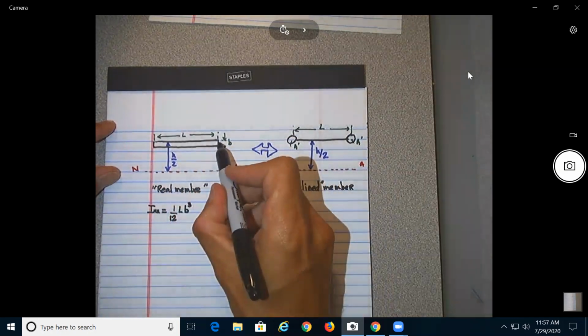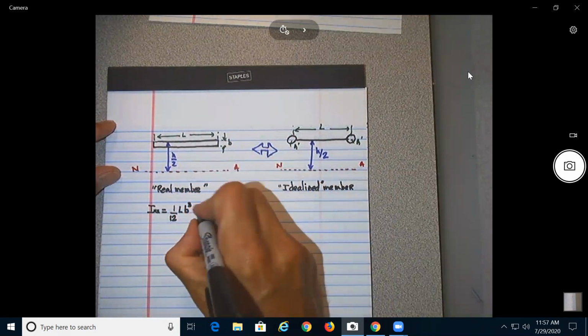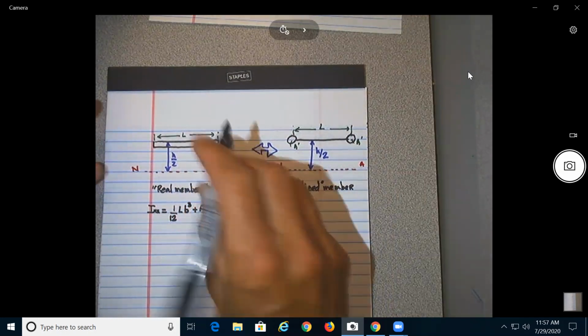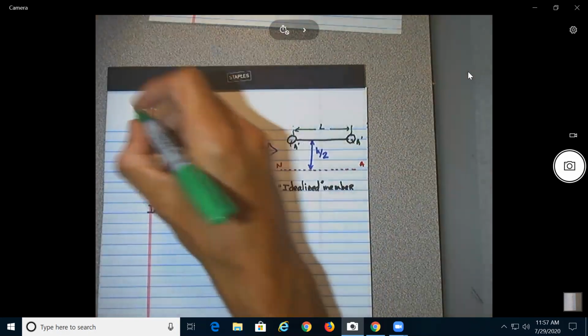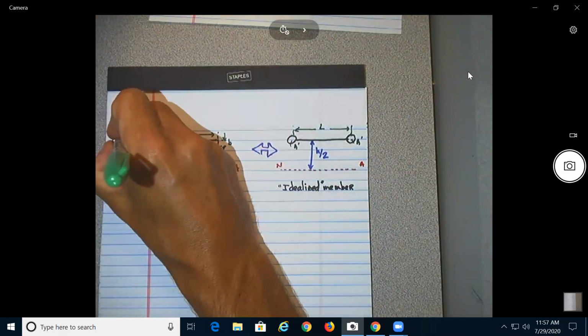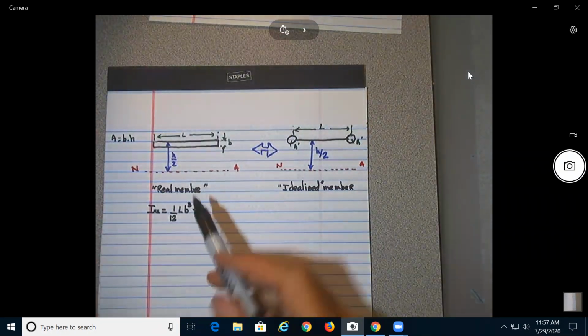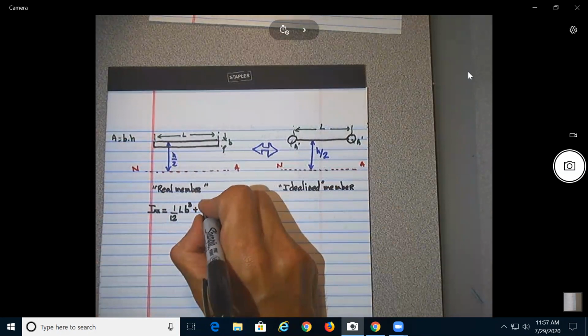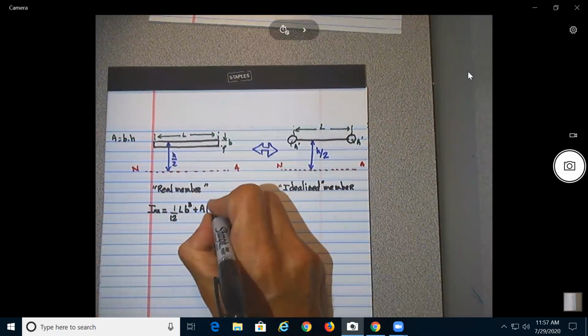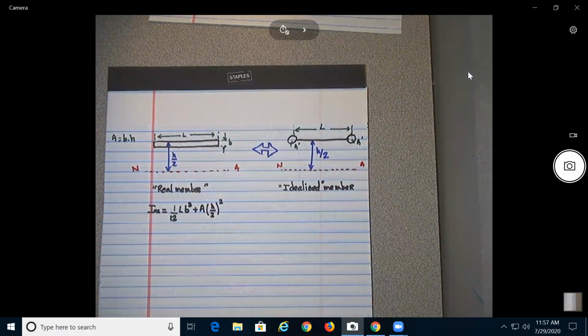But now we need to move this one, which will be our A, where A is equal to what? It is B times H, no? It will be A times D squared, which is H/2 squared. Okay?